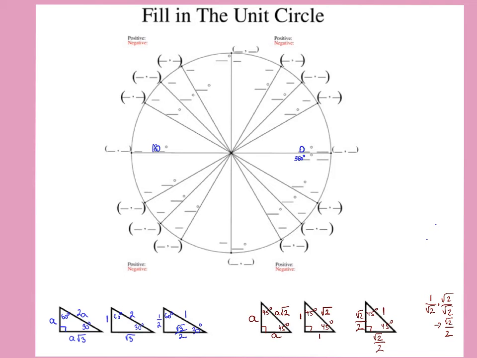So I also know that a half circle is 90 degrees. And if I pass 180 degrees, which is right here, by 90 degrees, I will get 270 degrees.